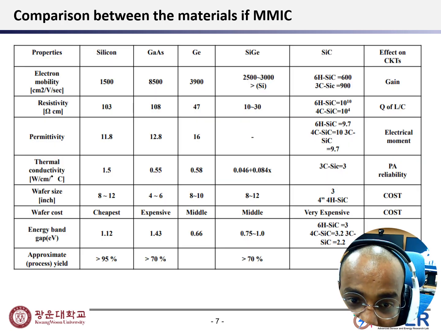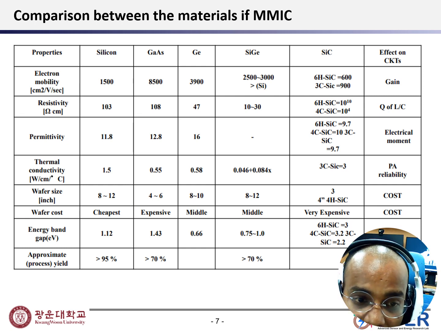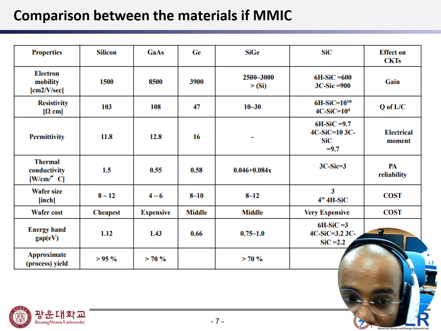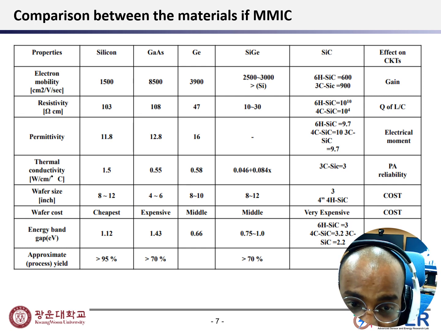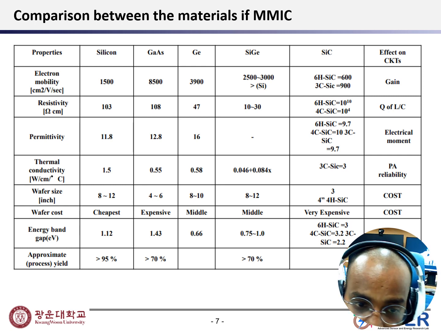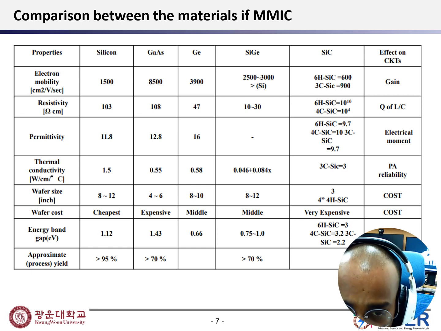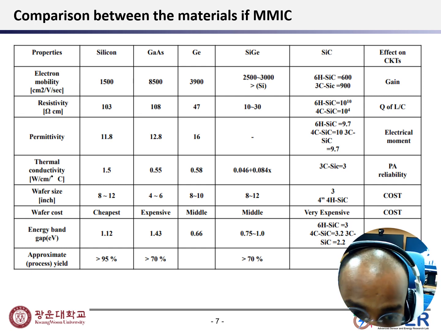While comparing the materials of MMIC, we can see that silicon has electron mobility around 1500, while gallium arsenide has much more than silicon, about 6-fold. But talking about resistivity, silicon has less resistivity than gallium arsenide.